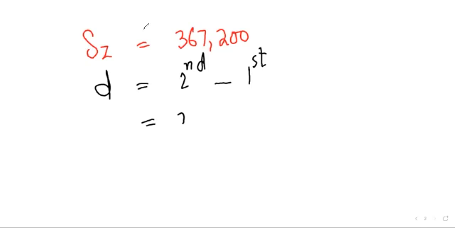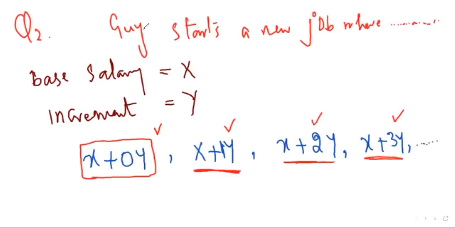The second term is X plus Y, and the first term is X. So the difference is Y. This is when n equals 1 and z is 0 here.